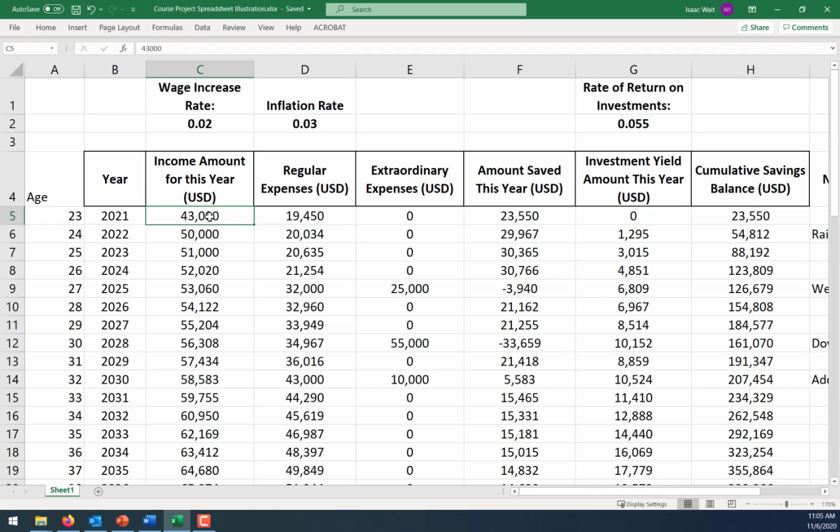The 401k contribution wouldn't be considered an expense, though. It's considered savings. And so be very cautious about how you differentiate between income, expenses, and savings.